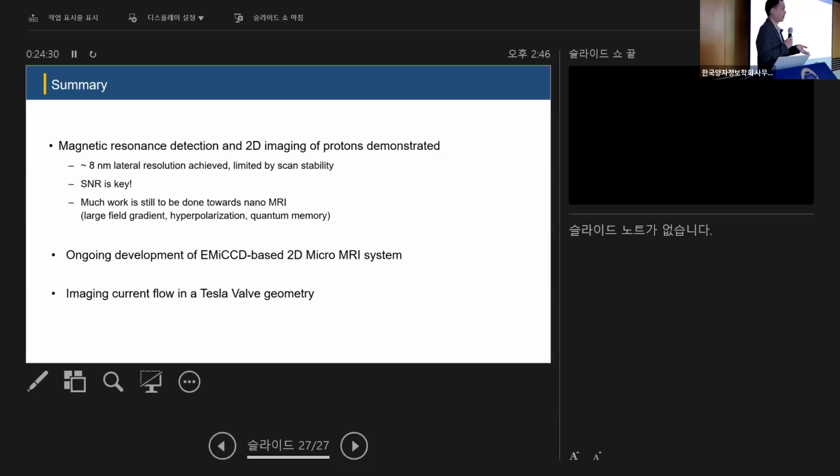They measured phonon transfer in a Tesla valve, and also in 2020 there was a preprint on the arXiv. I'm not sure, I cannot find the published version. Not imaging, but electrical measurement. So there are some claims out there.